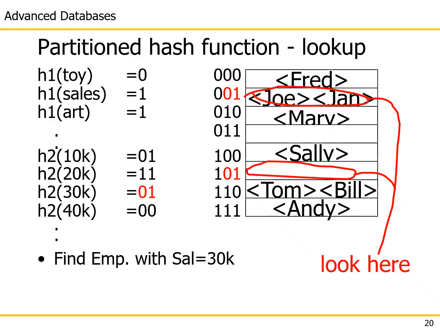So because of that, whenever you grab one of those cells in the partitioned hash index, you don't include all the entries inside it.